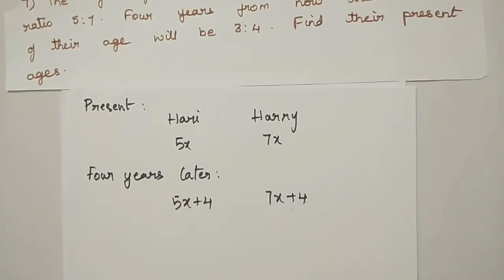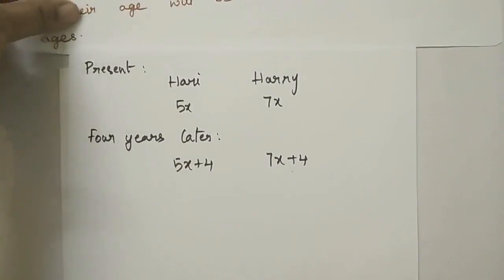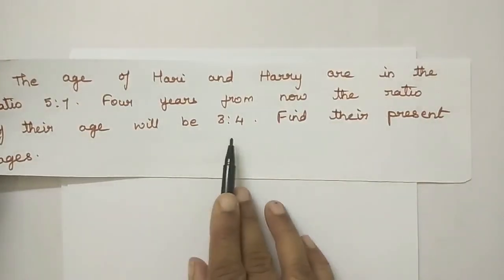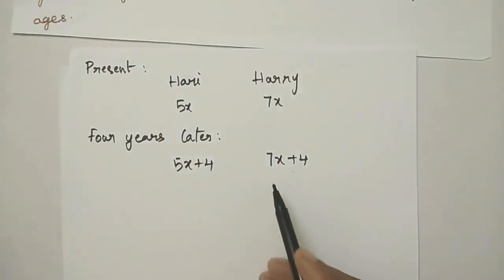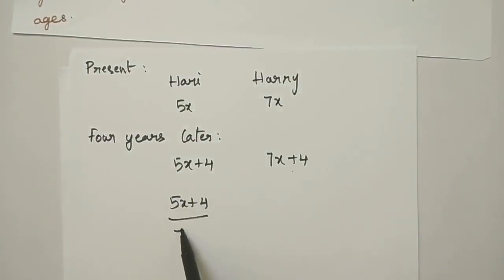This ratio is equal to 3:4. That is what they have given, is it not? The ratio of their ages will be 3:4. So this ratio is equal to 3:4, means (5x plus 4)/(7x plus 4) equal to 3 by 4.